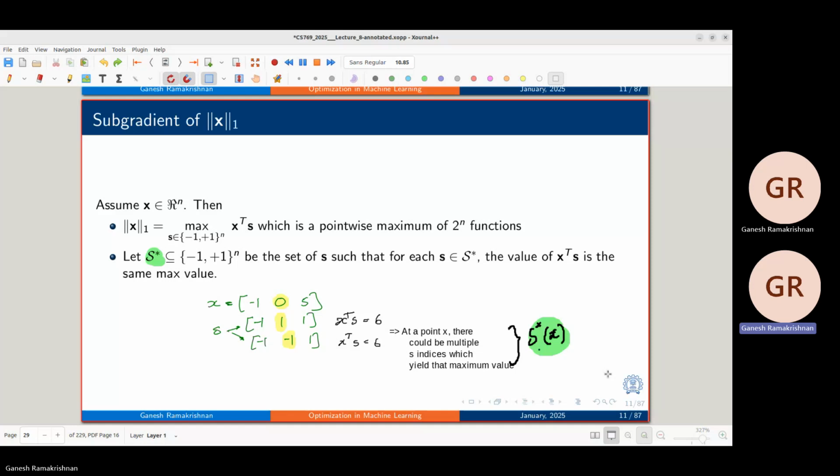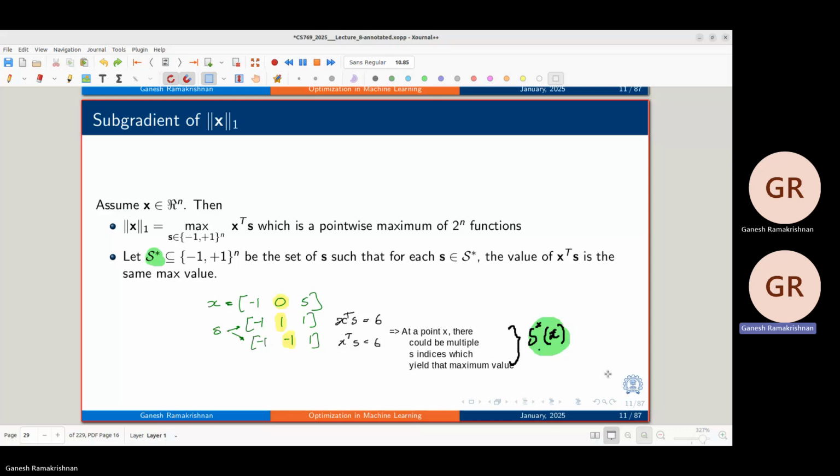So how will I plug in S star X here? 1 over S star X of the subdifferential of S transpose X. The function of S transpose X. What is that? Subdifferential of X transpose X is always, sorry, did I?